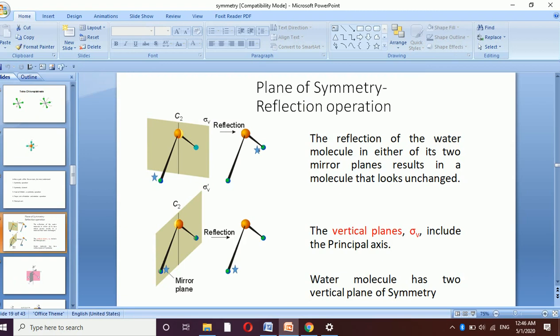When you look at these two symmetry planes, you will see that they contain the principal axis of the molecule.